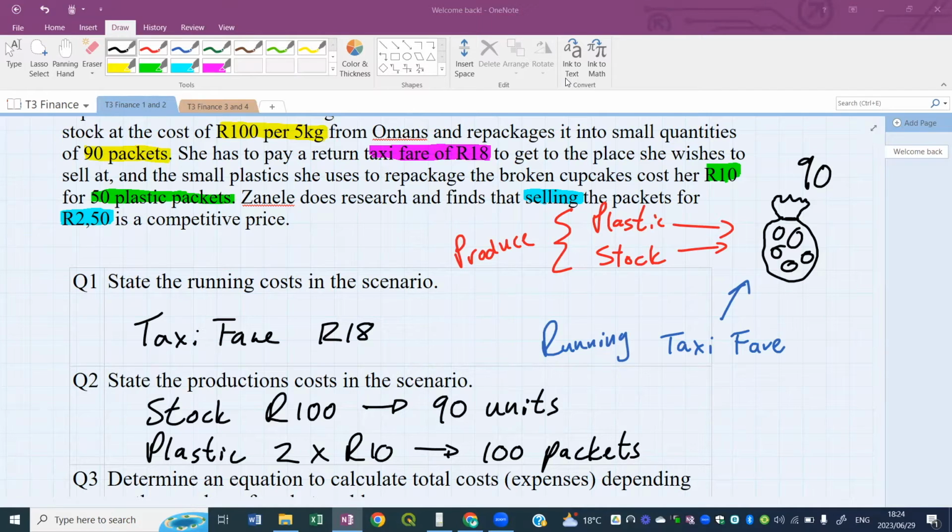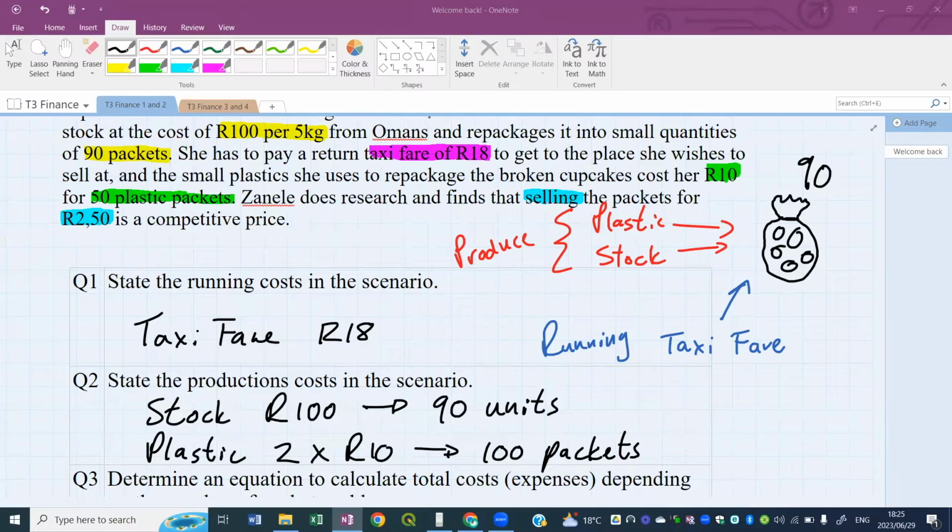Now, on Tuesday, we didn't even include the running costs. We just wanted to work out how much it costs to make a donut. And then we just increase the selling price to make profit. But you'll see now in this scenario, when we have running costs, we also have to take them into consideration. So these are costs that don't come into play when you make your product, but they're in the background.